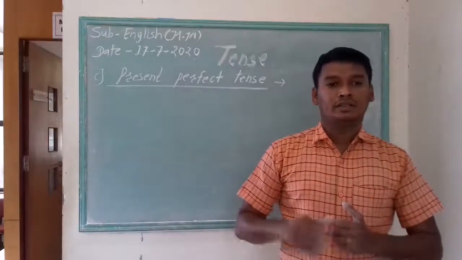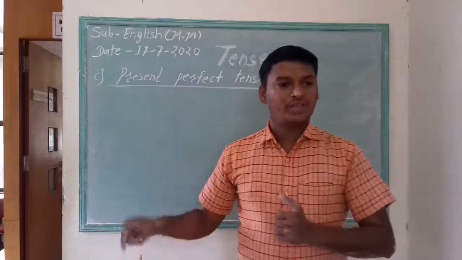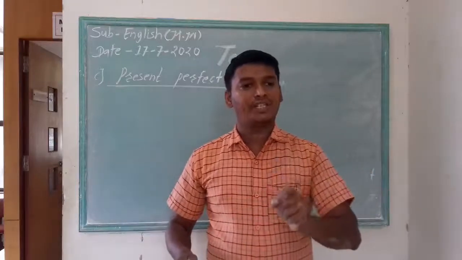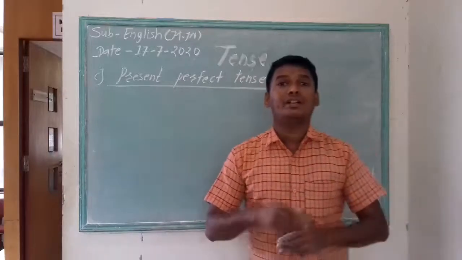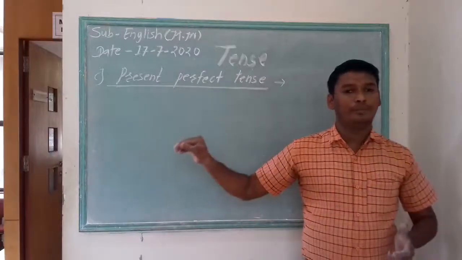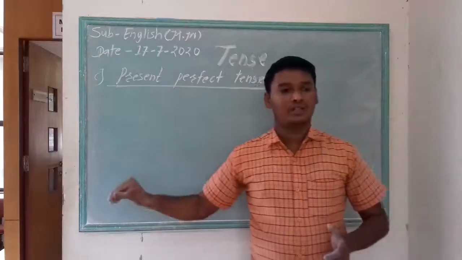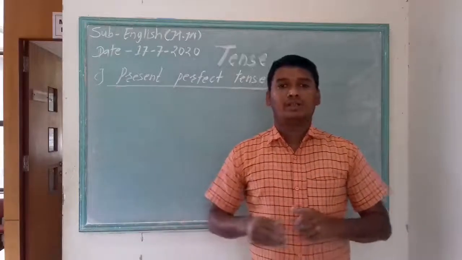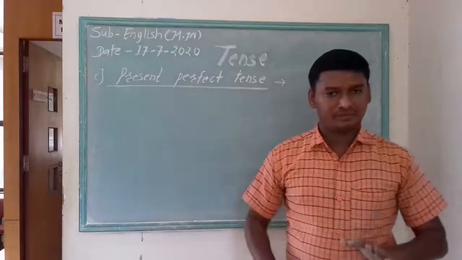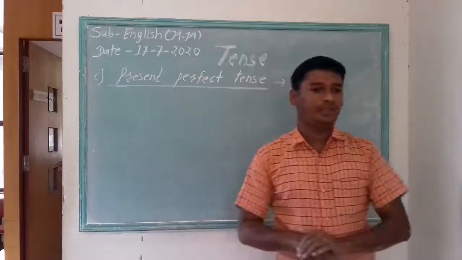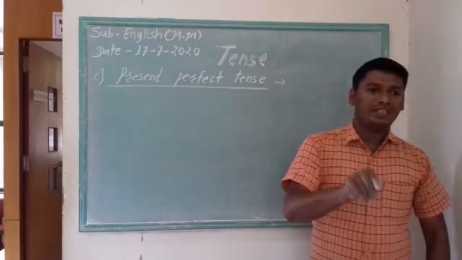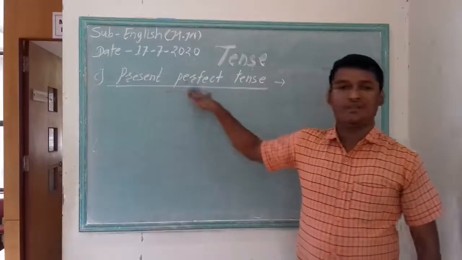Okay, we just learned present continuous tense. It means the learning of present continuous tense has been completed just now, in the present. The learning of present continuous has just been completed, and that action is an example of present perfect tense.